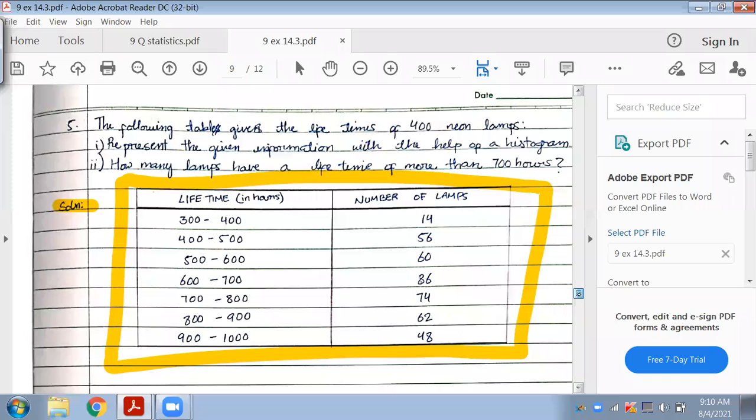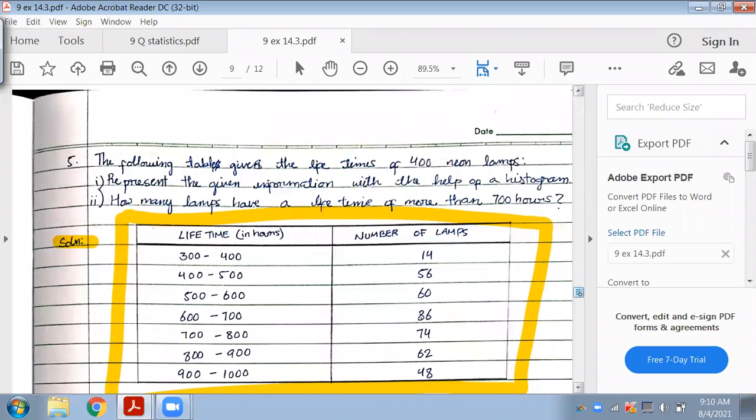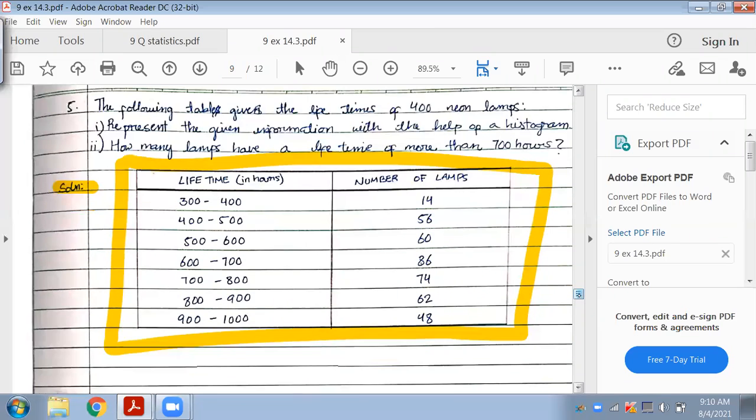Question number 5, draw the table. And once you're done, you can raise your hand.